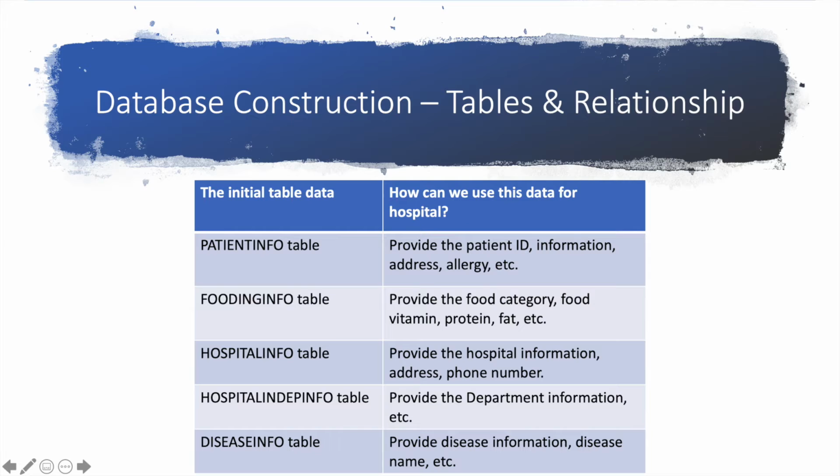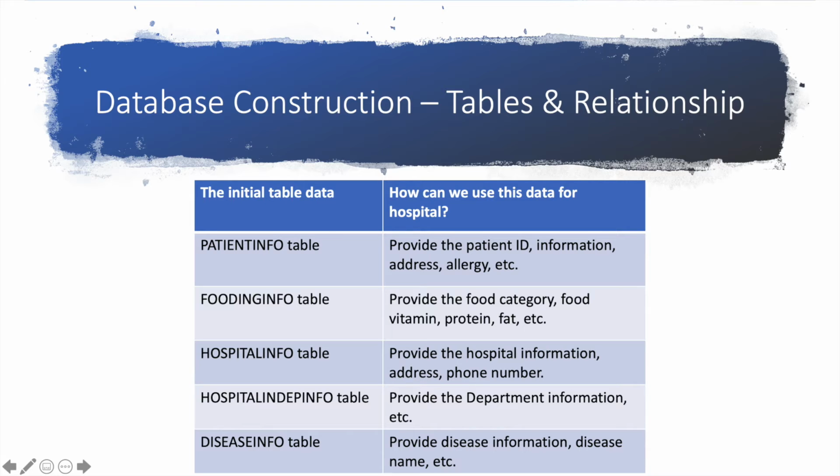The tables and relationships. When we built the database system, we initially made 5 tables. For the patient information table, we provide the patient ID, information, address, allergy information for each patient, and so on. In the food information table, we provide the food calorie, vitamin, protein, fat, etc. In the hospital information table, we provide the hospital address and phone number.